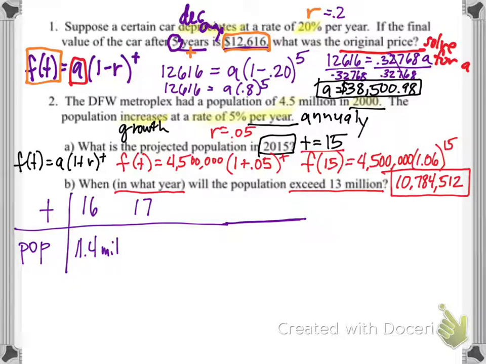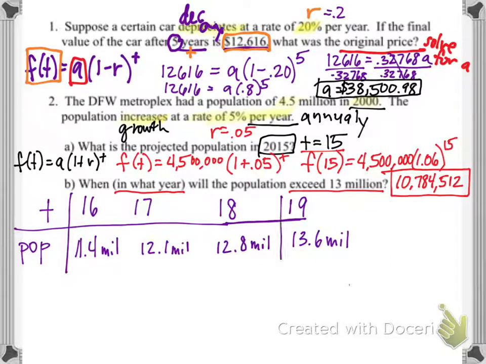In 2017, you get 12.1 million. In 2018, you get 12.8 million. In 2019, you get 13.6 million. So it is in the year 2019 when I exceed 13 million.